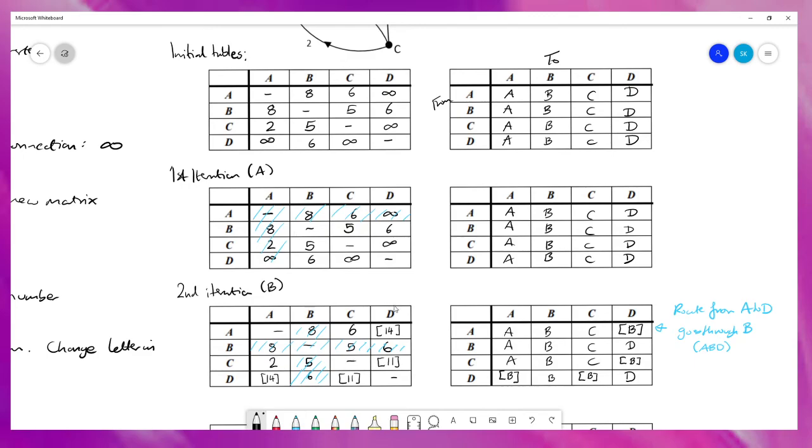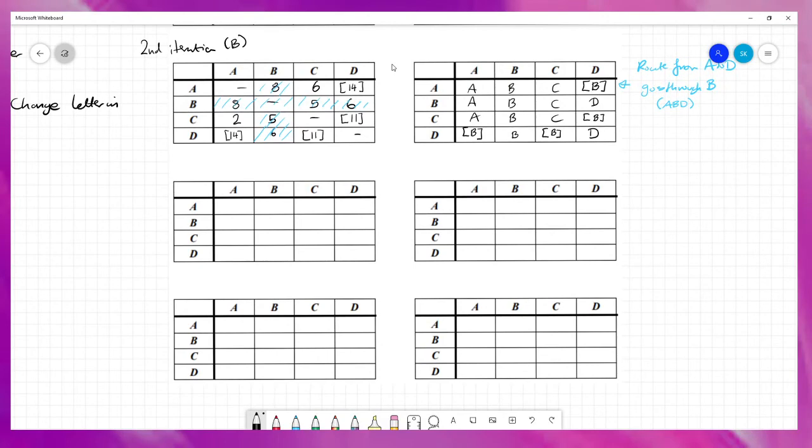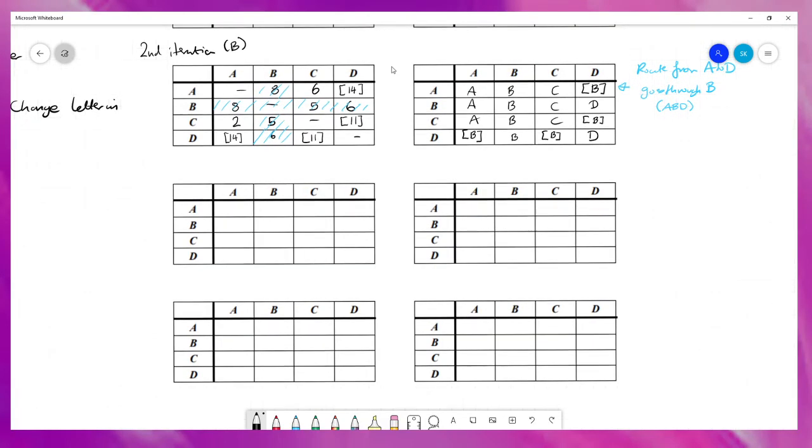So we're going to continue, and we're going to repeat the process for the third iteration and then the fourth. They will give you at least enough tables that you need, probably more in case you make a mistake. Now, when we copy down the numbers for our third iteration, we take out the square brackets.